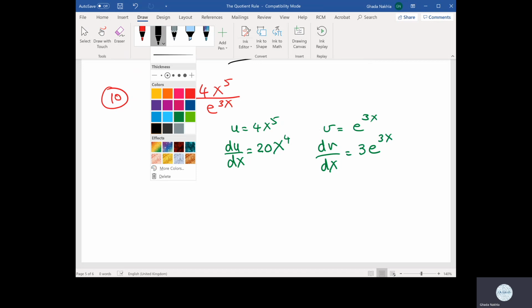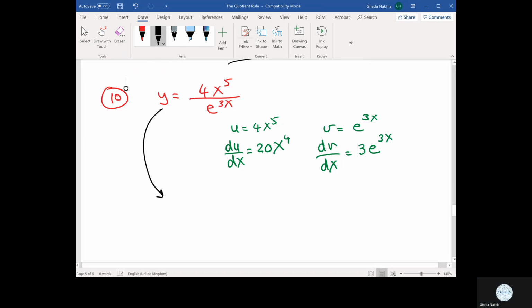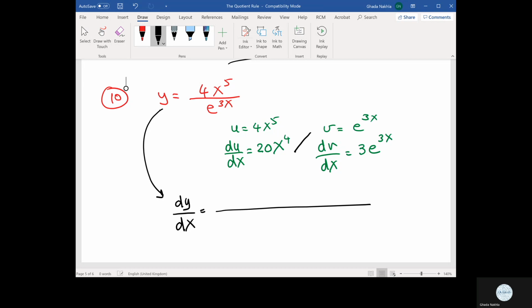Finally, apply the quotient rule. dy by dx equals v times du by dx, so 20 x to the 4 e to the 3x minus 3 times 4 is 12, x to the 5 e to the 3x.